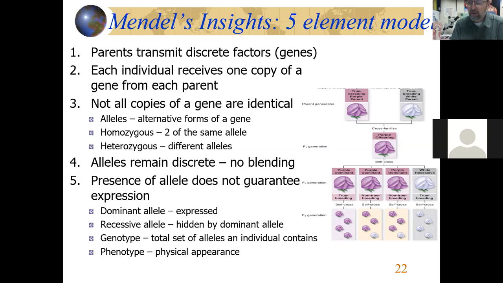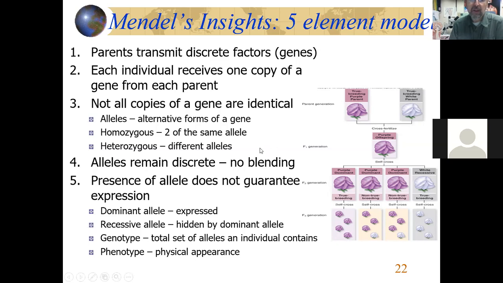And so he took true breeding varieties of peas, and he crossed these true breeding varieties and then kept track of specific traits. And so he might keep track of something like flower color. And he recognized that individuals received genetic information from each parent, but that not all that genetic information was equal.